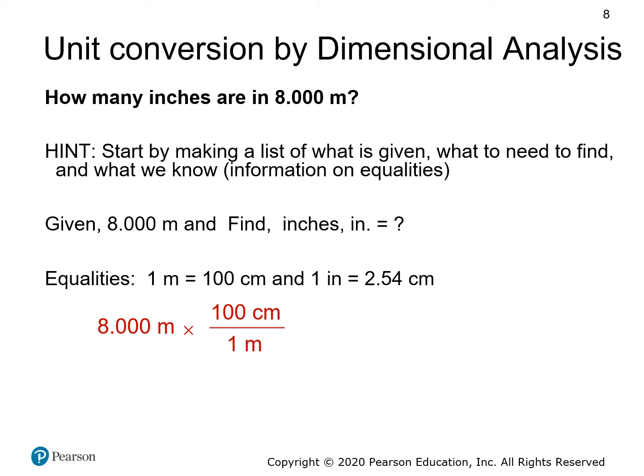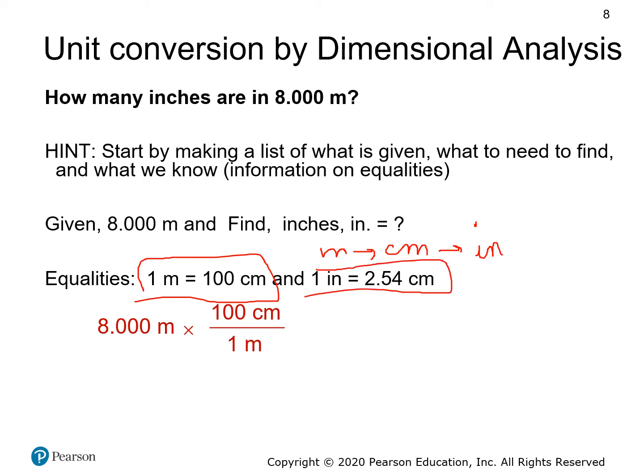So from meters, I'm going to go to centimeters, and then I will go to inches. Why? Because that is how I can go from one point to the other. So I'm going to use both these equalities as my conversion factors.